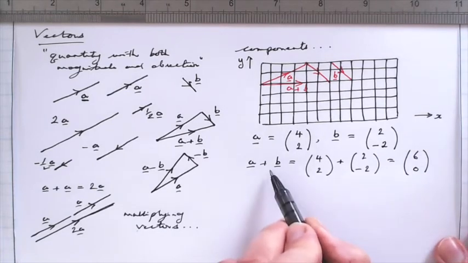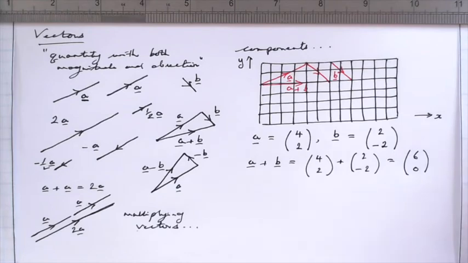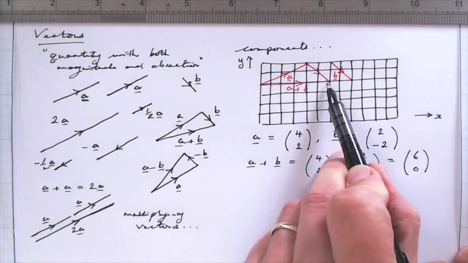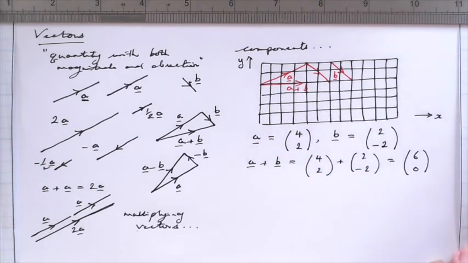And so this vector A plus B is 6, 0, and we can check that with our figure here. We see that we have a sum which is just flat, so no change in the y direction, and 1, 2, 3, 4, 5, 6 units in the x direction.